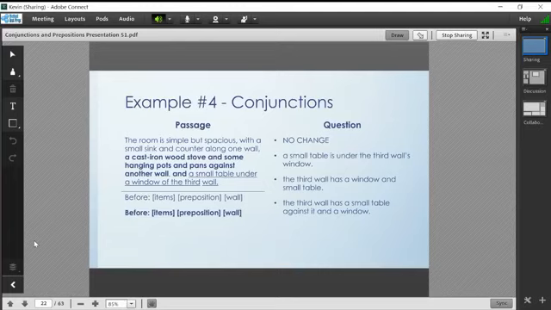So I have items, preposition, wall; items, preposition, wall. Well, guess what? I need the same thing again: items, preposition, wall. So in this case, the way it was written was actually correct. Again, it was a small table, my item, under my preposition, a window of the third wall. That would be the description of the wall in this case.